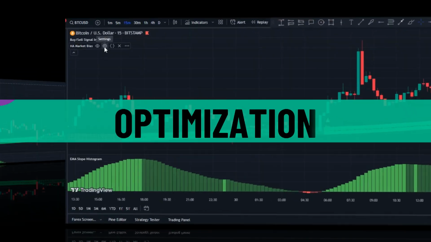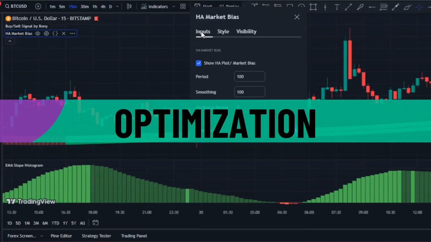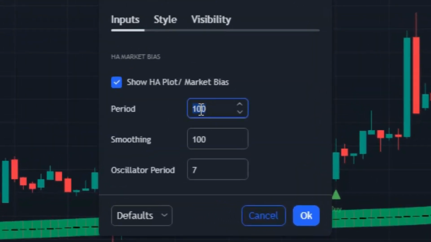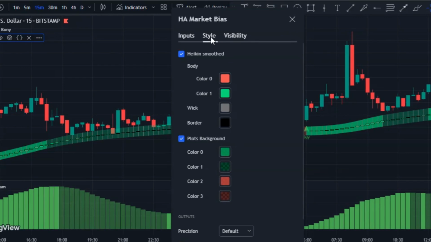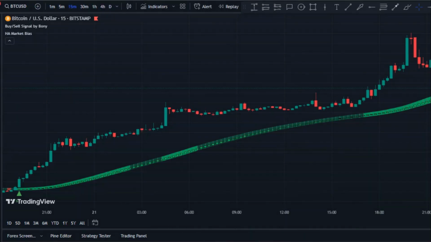After adding the indicator to your chart, head to its settings and apply the necessary changes as shown in the video. By doing this, identifying the trend becomes incredibly straightforward.